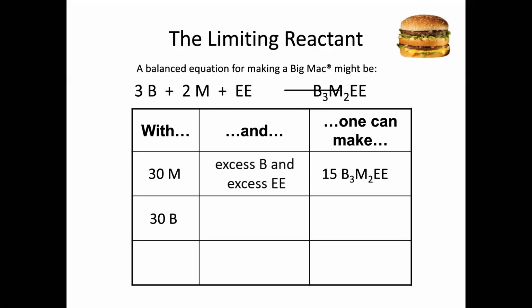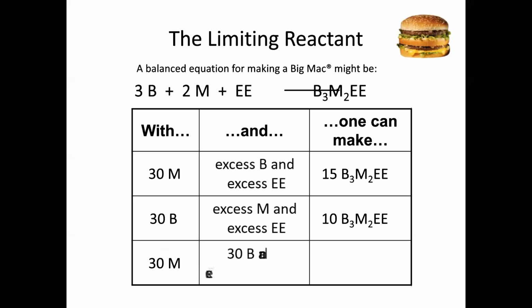What if I've got 30 pieces of bread and everything else is in excess? How many Big Macs can I make? Now, if I have 30 meat and 30 bread, how many Big Macs can I make? 10.